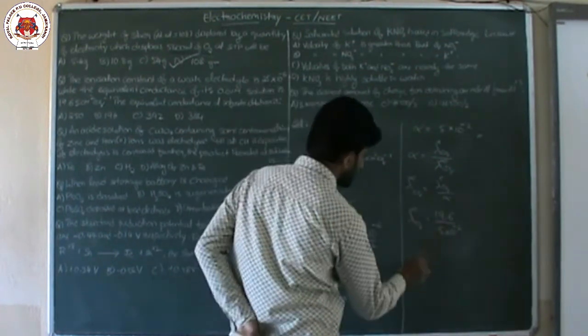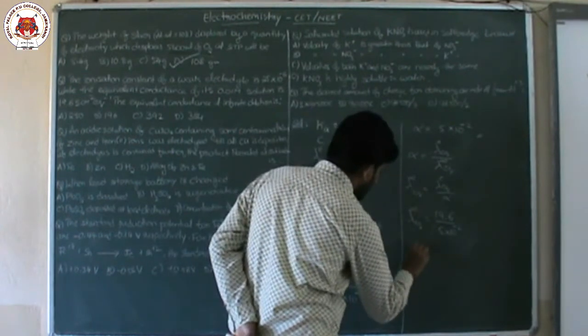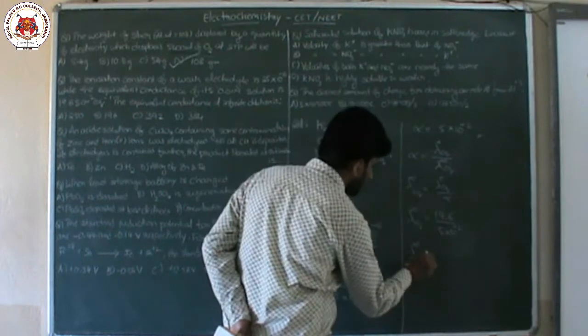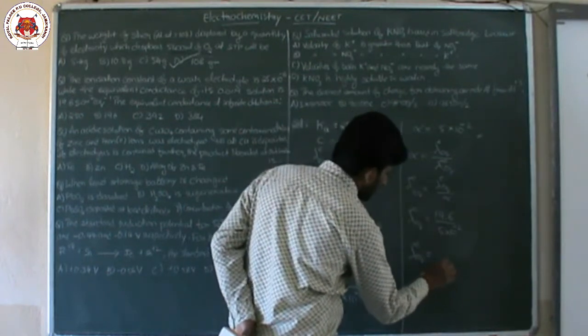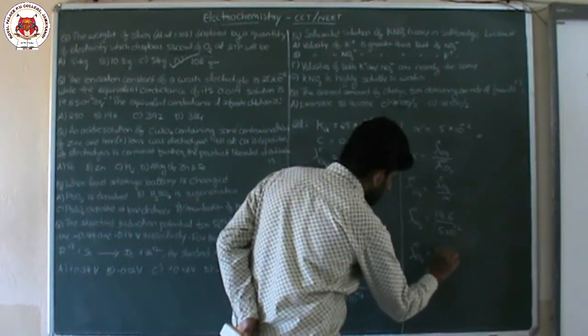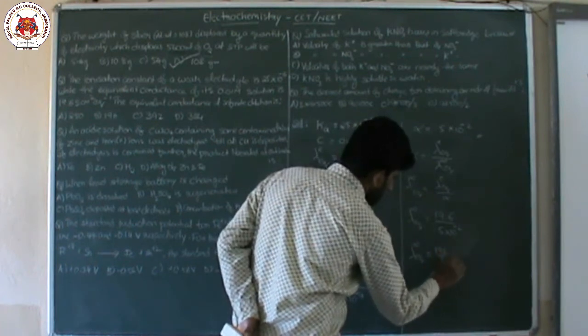Now, if you take this one, lambda infinity I can write as 196 by 5.